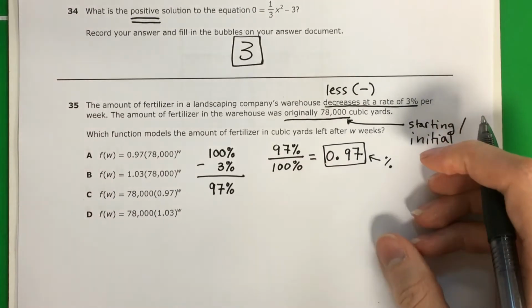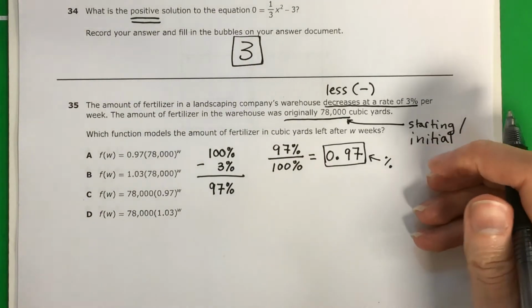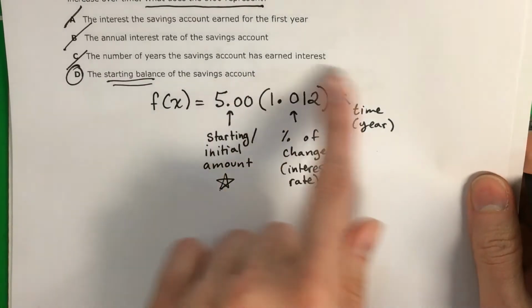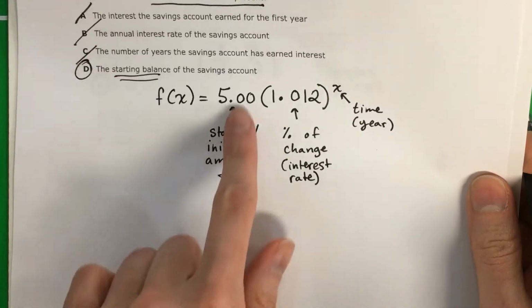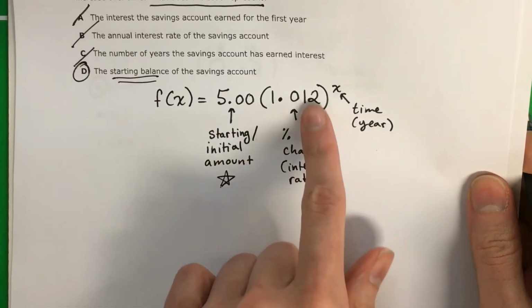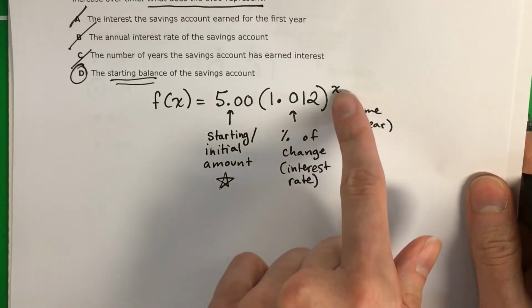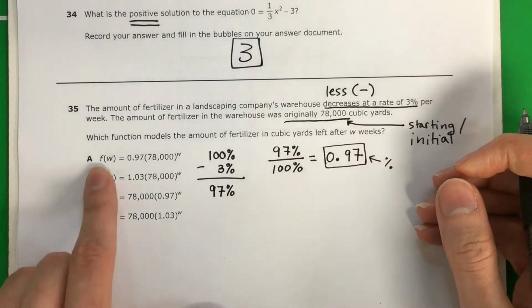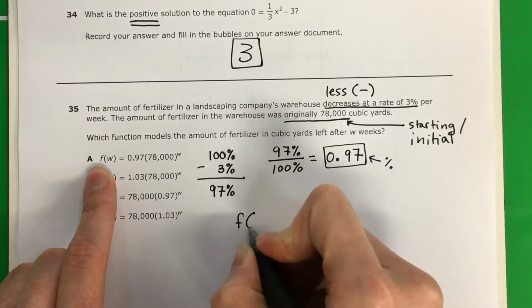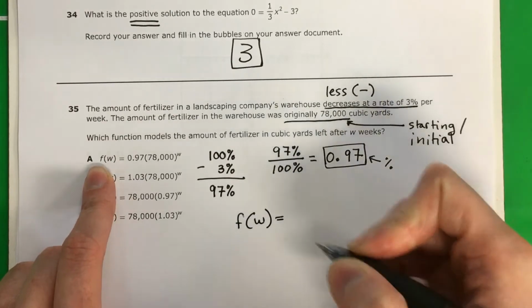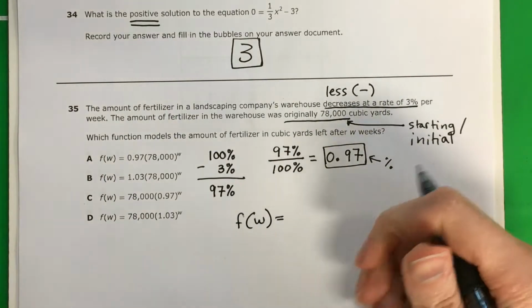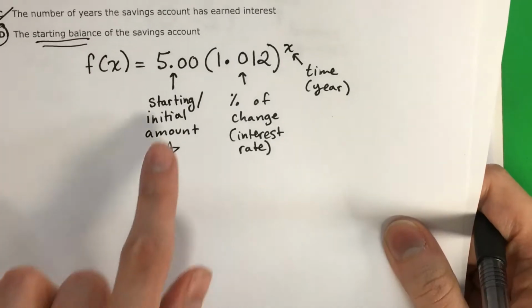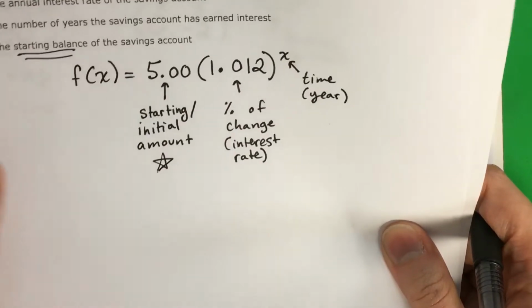And this is actually like this example. Do you remember this? I told you that this is the starting initial amount. This is the percent of change, and then here you put the time. I'm going to do the same thing. They did F(W), so I'm going to use F parenthesis W parenthesis. And just like in question 31, first I'm going to put the starting or initial amount.